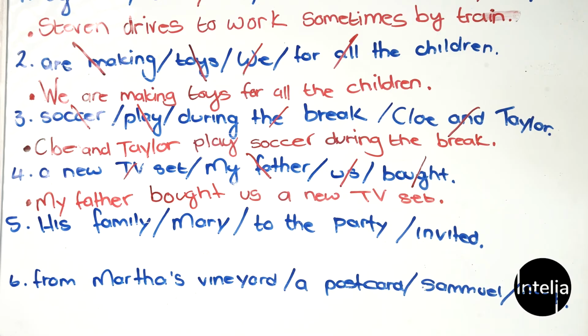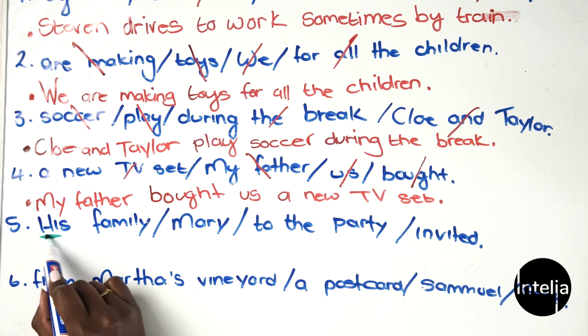Let's say that again. His family, Mary, to the party invited. Which of these is our subject? So we're looking for capitals. Are you a little confused? Let's break it down. We have two capitals.